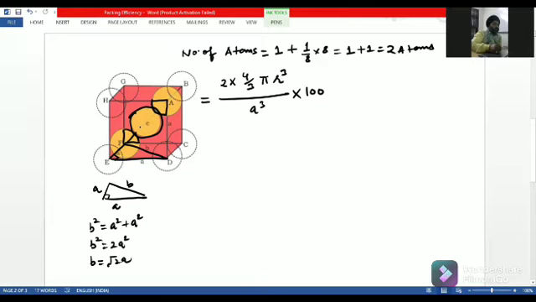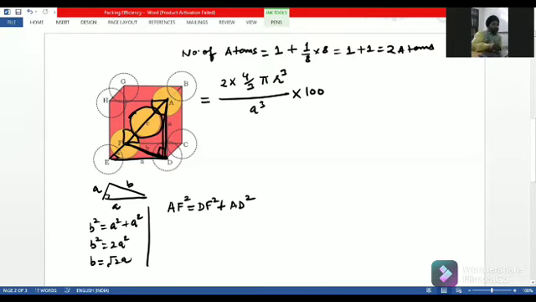Now I will take triangle AFD. I'm highlighting it in the figure. Here angle D is 90 degrees. Now we apply the Pythagoras theorem in this triangle AFD. Here the hypotenuse is AF, so AF square, the base is DF, and the perpendicular is AD.